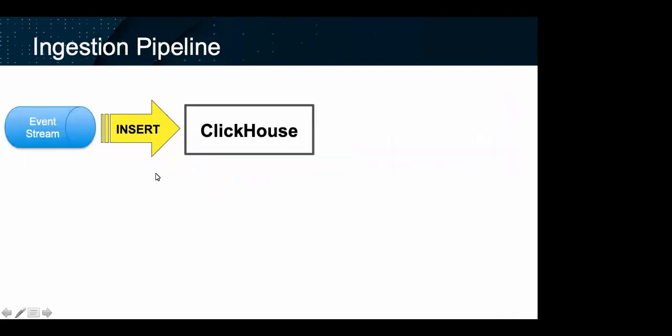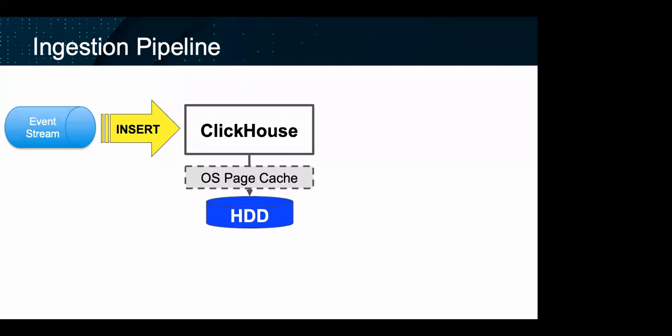Let's start with a very simple example. Consider we have an event stream that is being inserted into your ClickHouse database. You expect that once the insert is completed, your data is in ClickHouse. And this is almost right, but there are more moving parts involved.